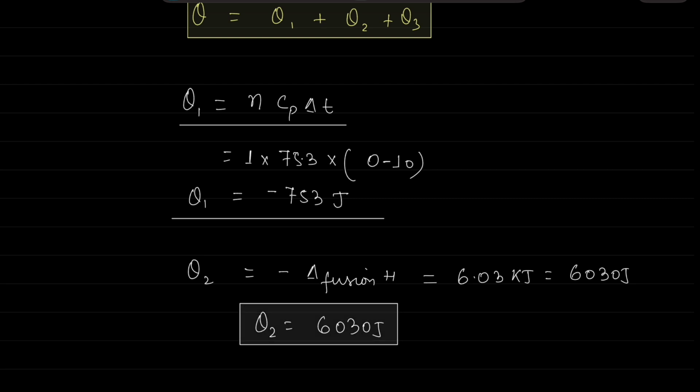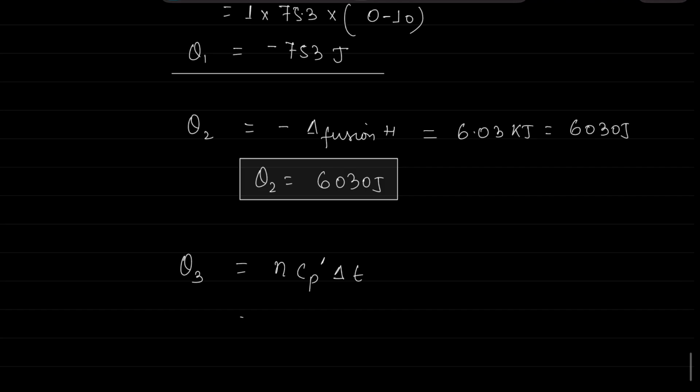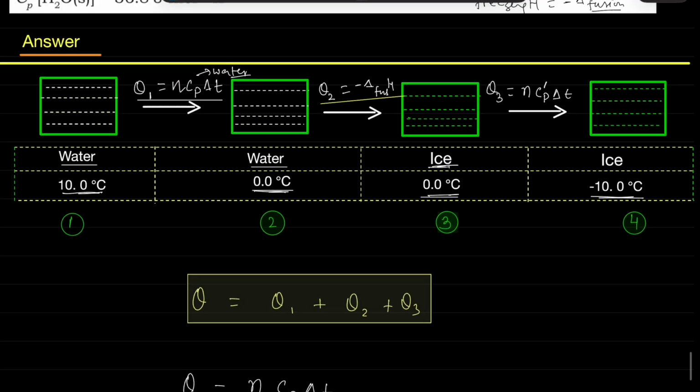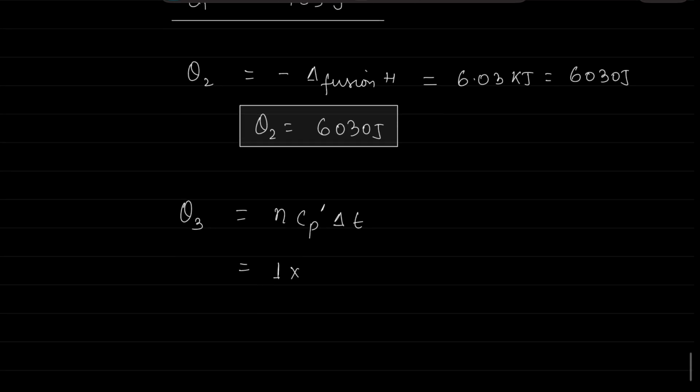Now we have to find Q3. Q3 is equal to n Cp dash delta T. Here the mole is the same, whatever the mole of water, same mole for ice, so it is 1. Cp for the ice is 36.8 joule, you can substitute it here.